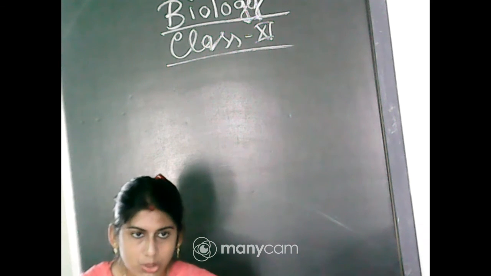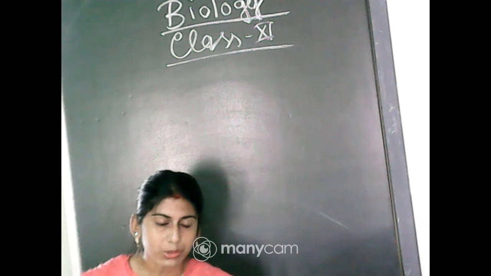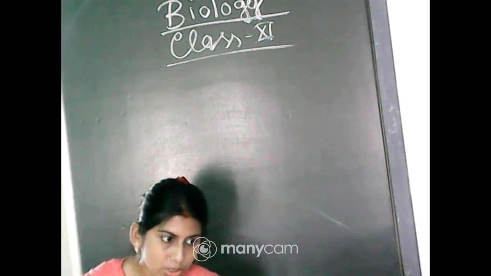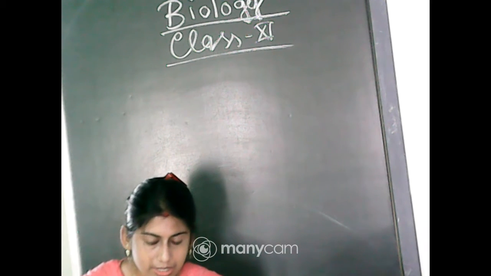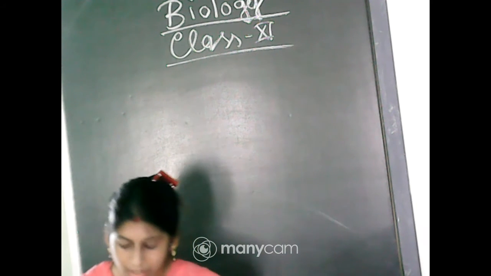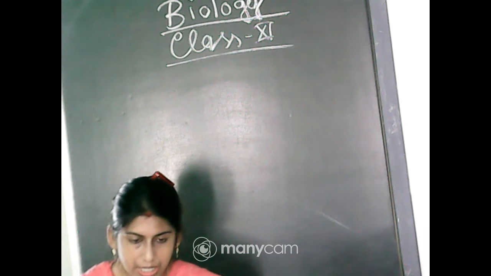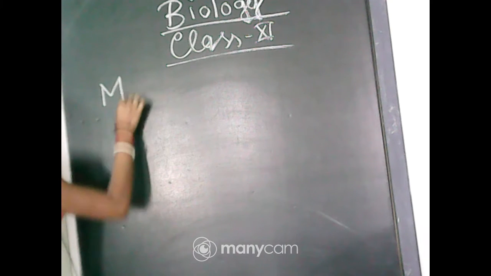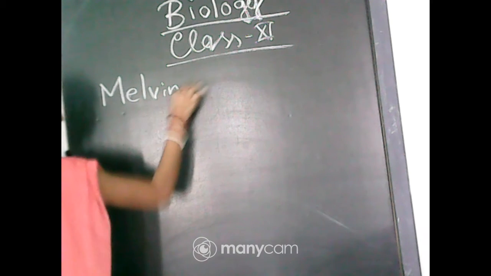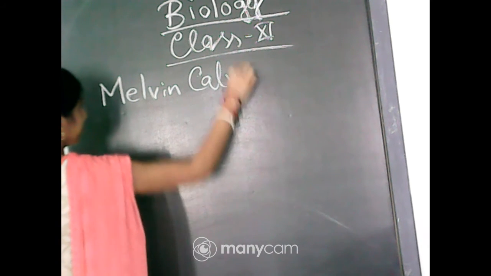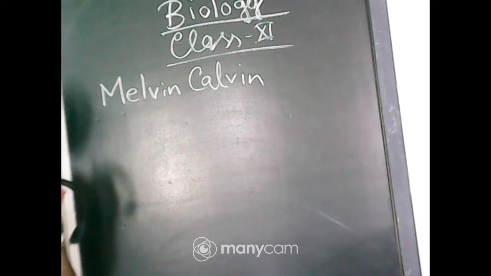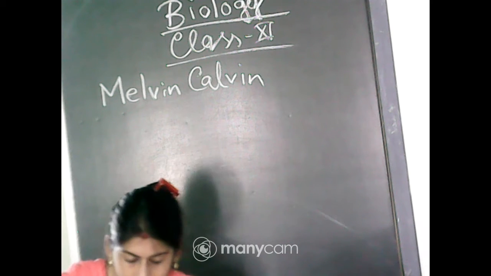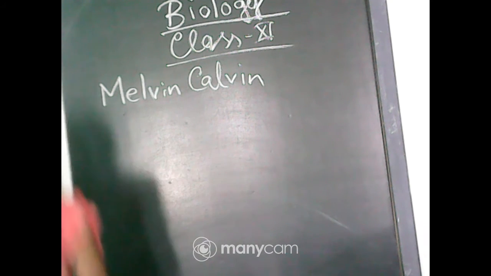After World War II, they started to use radioisotopes to identify different techniques, and the full name of the particular scientist is Melvin Calvin. Okay, scientist Melvin Calvin used radioactive 14C.